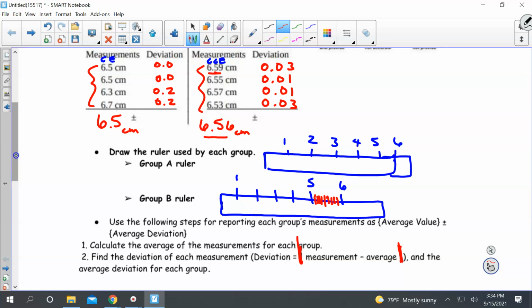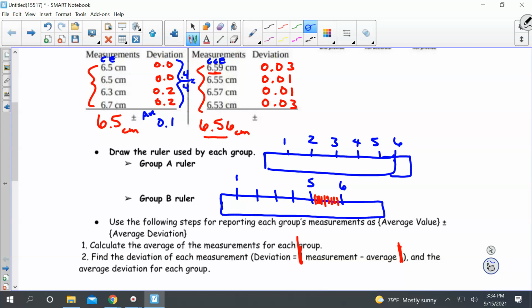Now, I want to figure out the average deviation. The average deviation here is the same thing. I'm going to sum up these and divide them by 4 different measurements. So it would have been 0.4 divided by 4. My average deviation is 0.1.